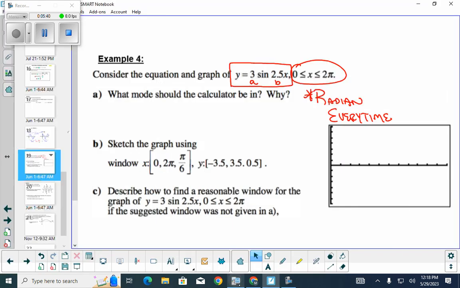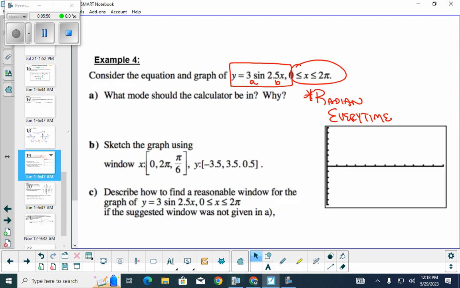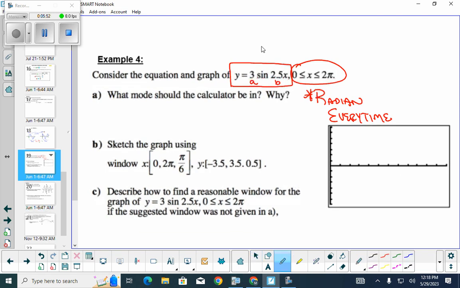Okay, so what we're going to do is before we even plug this in, I want to talk to you about what this picture should look like. Okay, so this number in front here, this is the amplitude. Okay, so for sine, our x-axis is the halfway line.